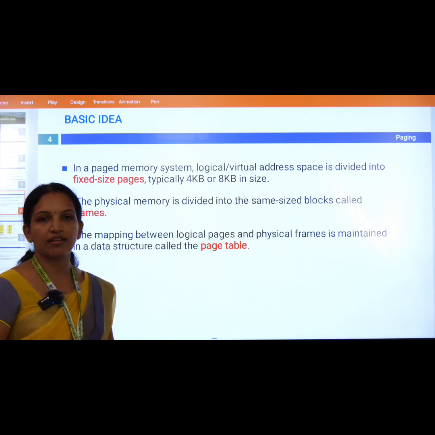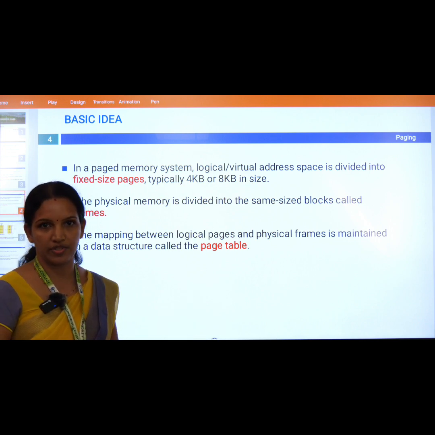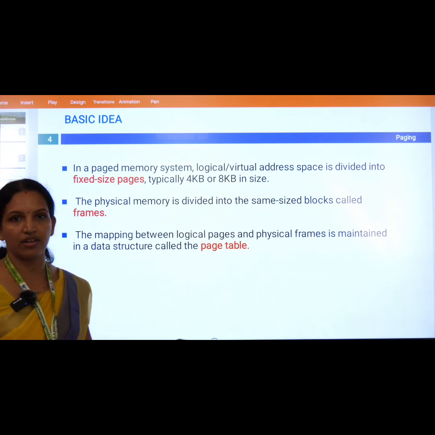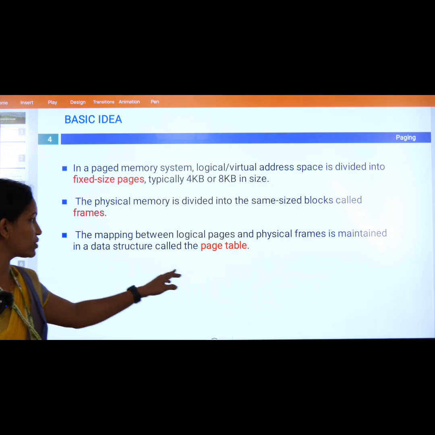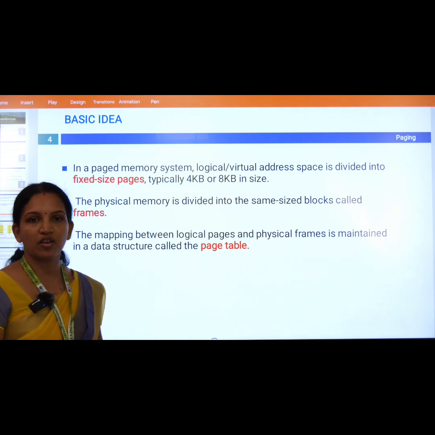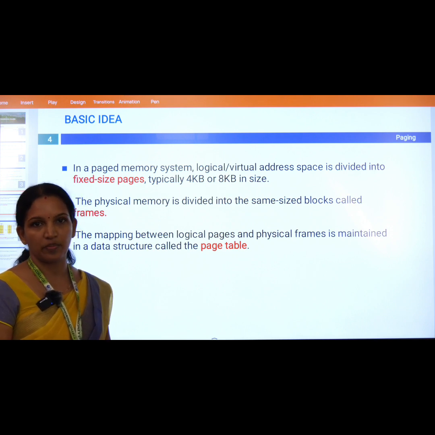And the physical address space of a process will be divided into equal size frames. When the process is to be executed, these pages should be stored into corresponding frames. So for that address mapping from logical address to physical address, we will be using a special data structure called page table, where the page table stores the corresponding frame numbers for each of the pages.